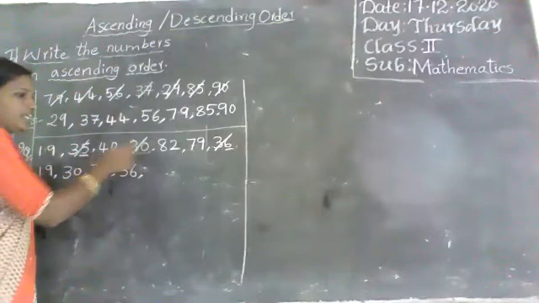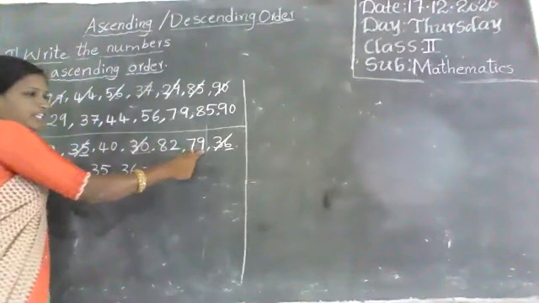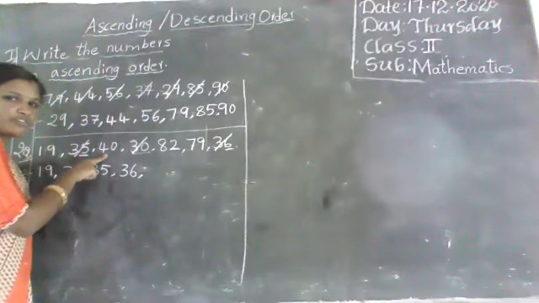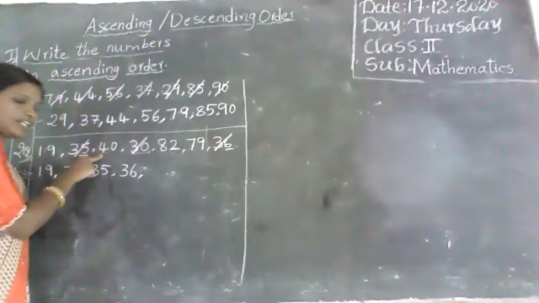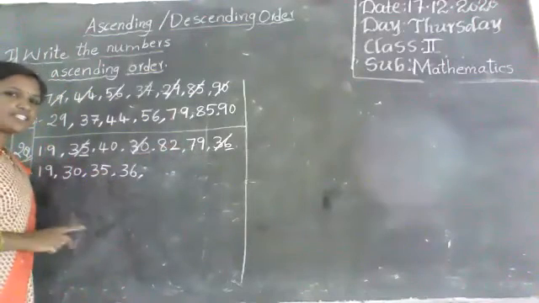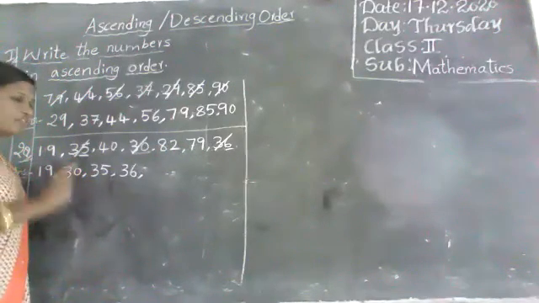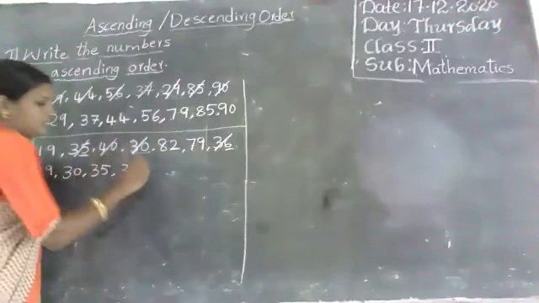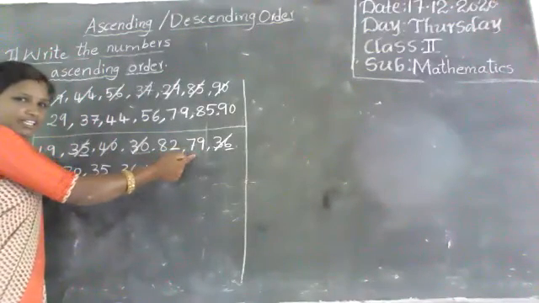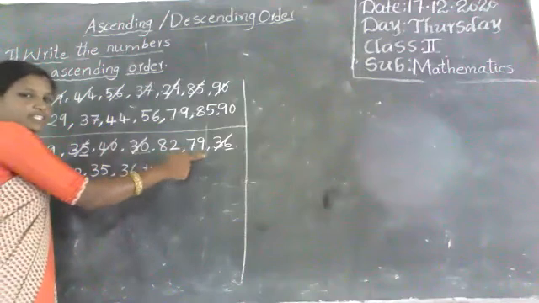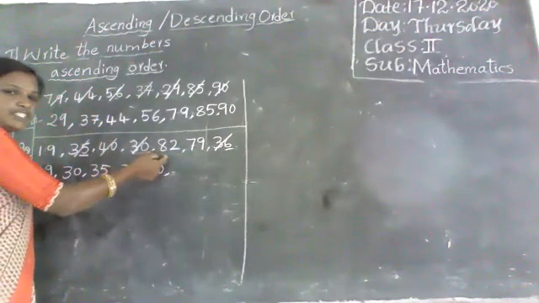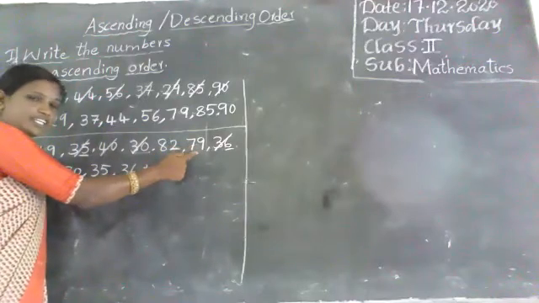Next, 40, 82, 79. 30 is completed, so now we go to 40. Among 40, 89, 82, 79, which is the smallest? Very good. 40 is smallest. Next, 82 and 79. Which is smaller? 79.